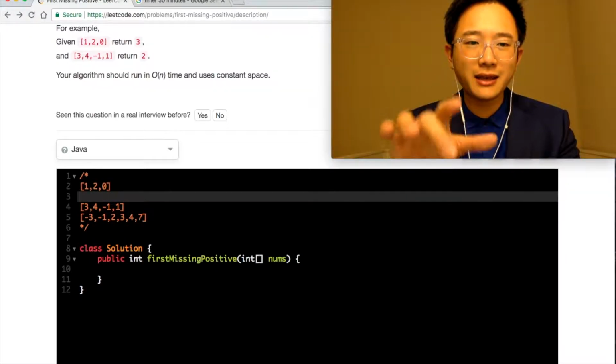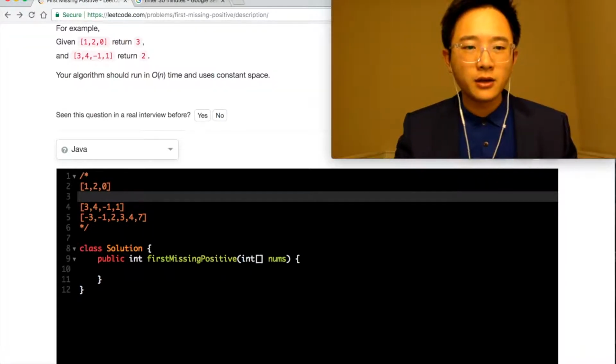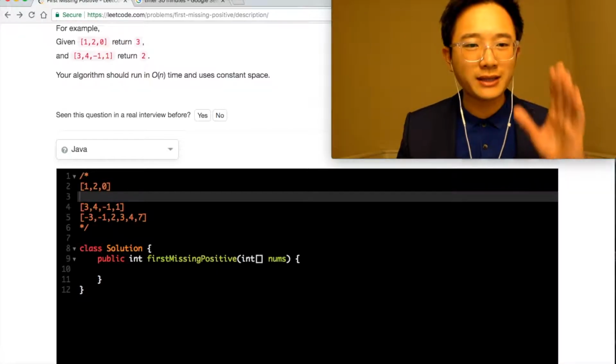When we iterate the first array, we see 1.